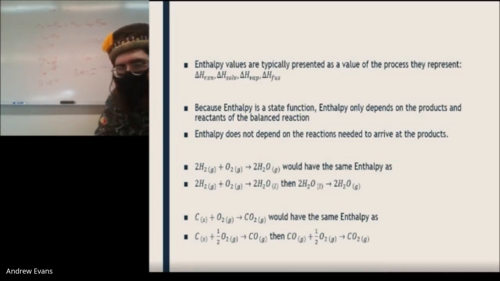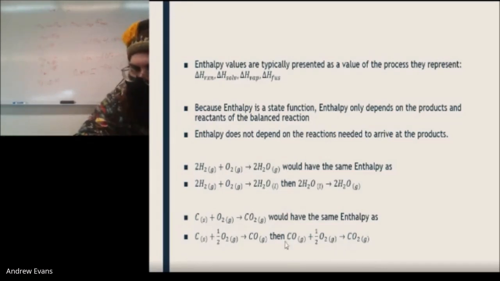But if you add step 1 and step 2 together, 1 carbon plus a half oxygen plus another half oxygen equals a whole oxygen. 1 carbon plus 1 oxygen, those are the same starting materials. CO2 is the end product.